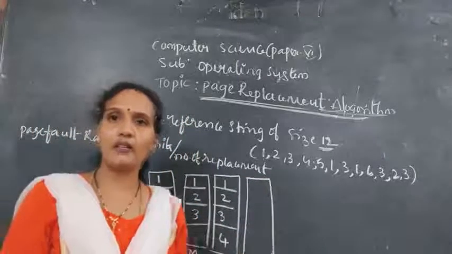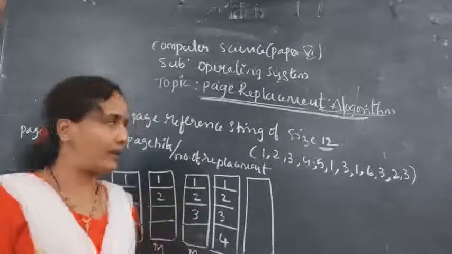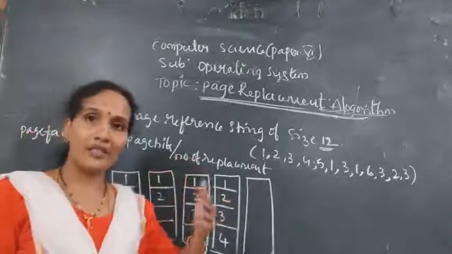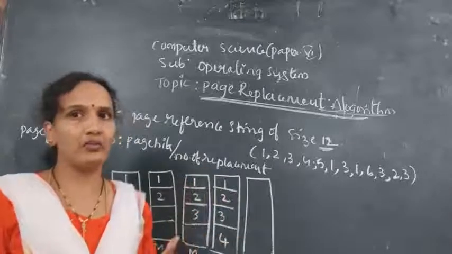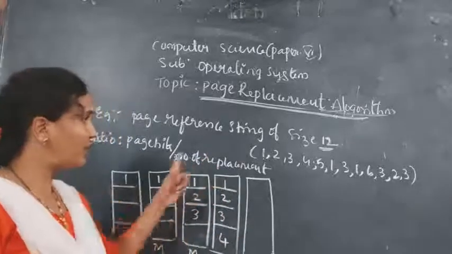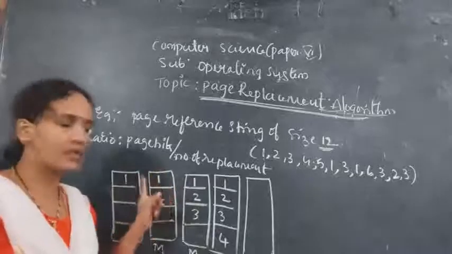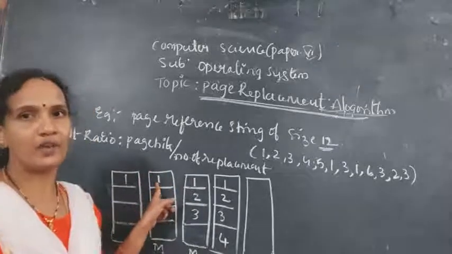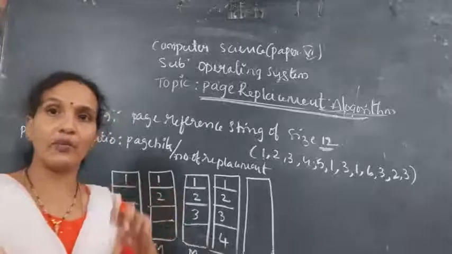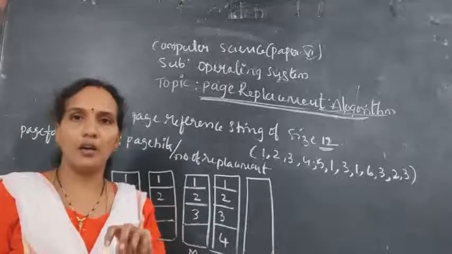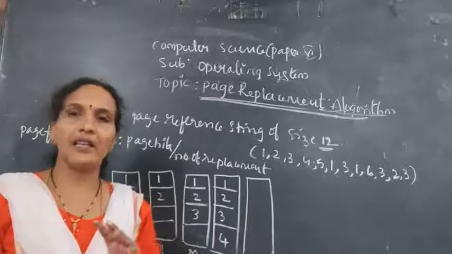According to the first in first out algorithm, the page which enters first into the queue will be first out. Which page entered a frame first? 1. So that will be swapped out. Understood? First in first out means the page which entered the main memory first will be swapped out.